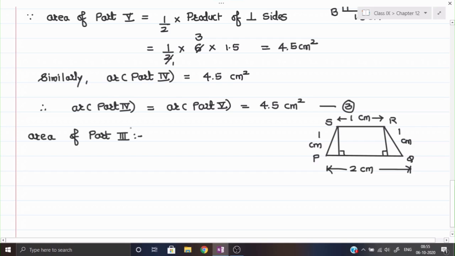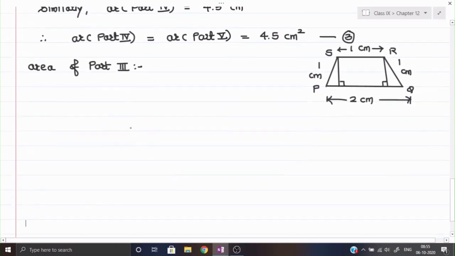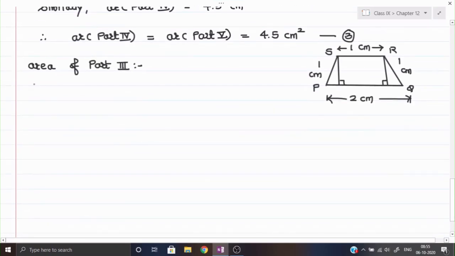Now see, first of all, consider an isosceles trapezium PQRS.